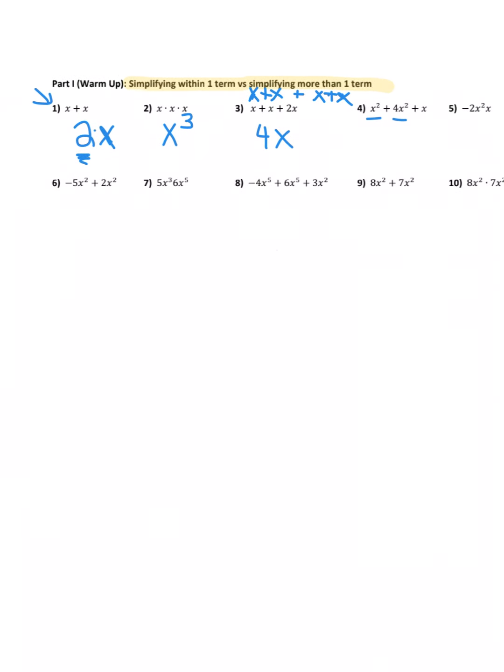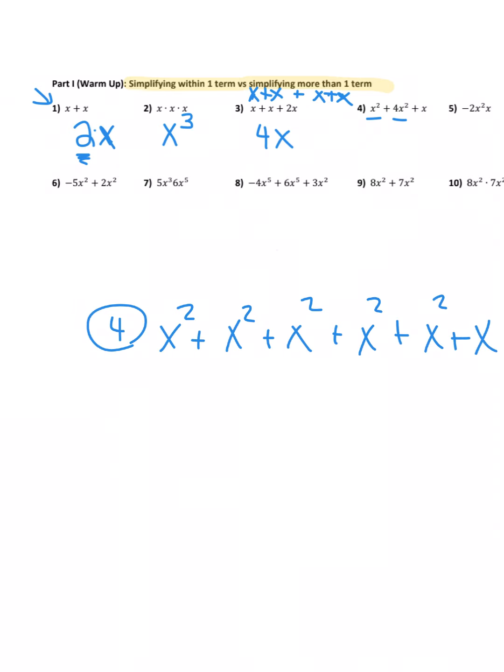So down here, I'm going to write, I just don't have room up there, x squared plus, and you write this underneath your problem, I just don't have room. So we have an x squared and then 4 times x squared. That multiplication between the 4 and the x squared, that's really short for repeated addition. So 4 times x squared is 4 more x squareds added together. And then I have a plus x.